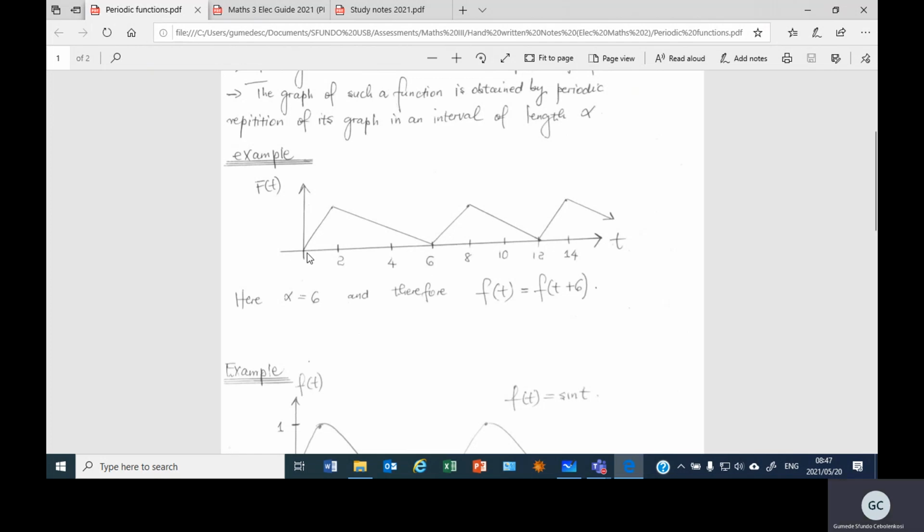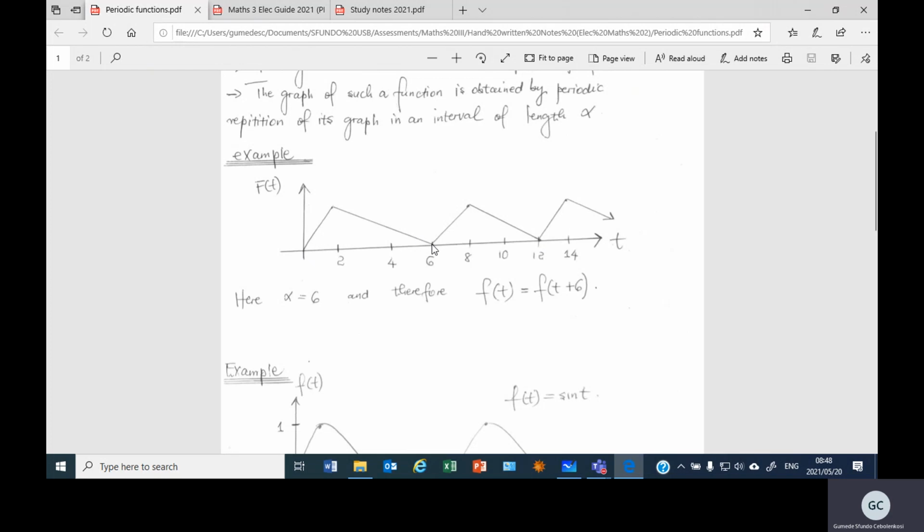So can you see this cycle here? From here to there is the same as from here to there. So it means if this continues like this, it will start from 12, go up to 14, and go back, say, in 18, if this was continued. So if you look at it here, there's a function here. 0 is here, and the function comes back at 0.